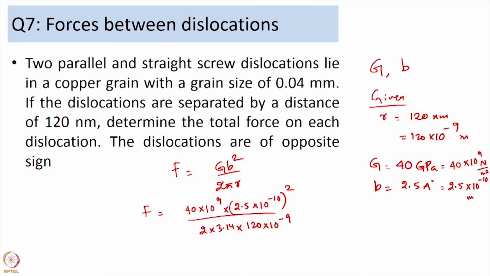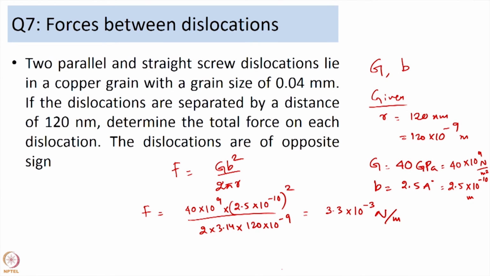If you calculate this, you will see that the force per unit length is 3.3 into 10 to the power minus 3 Newton per meter. So, once you do the calculation, that is the answer that you will get.